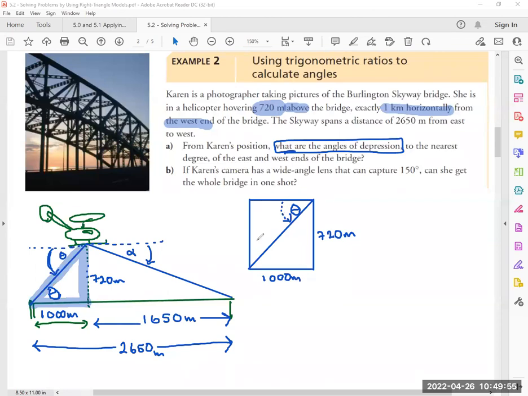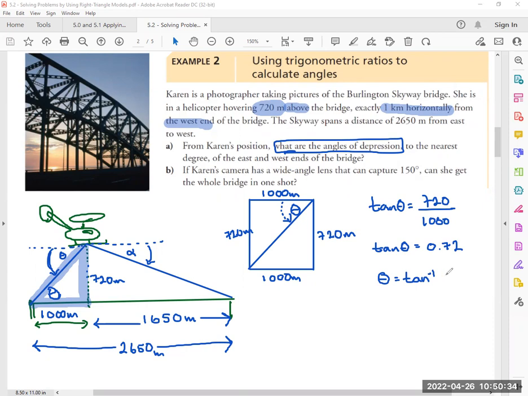So then I can argue that for the upper triangle, this is going to be 1,000. That's going to be 720. Opposite, adjacent, you can use, yes. Go for it. Tangent of this angle is going to be opposite over adjacent, which means tangent of this angle is equal to 0.72. Angle is going to equal the inverse.